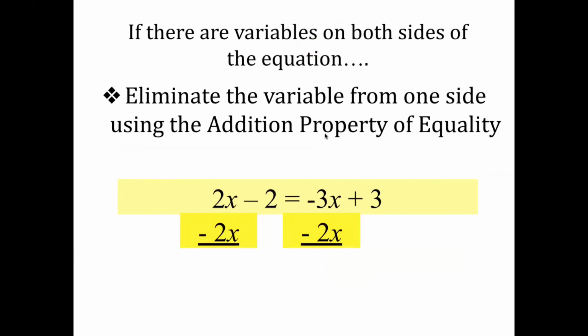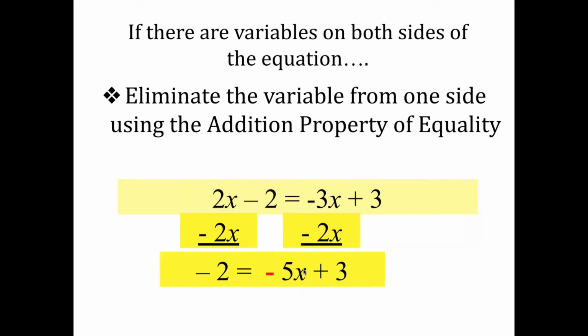So you can also do it this way by subtracting 2x from both sides, as I said on the previous slide. It will still equal the same value, but you just have different values on different sides this time. So 2x would cancel, and you would be given negative 2 equals negative 5x plus 3.